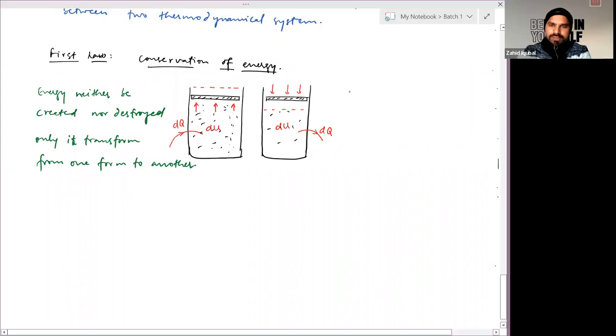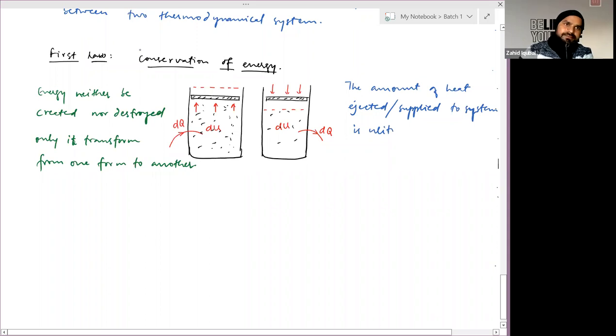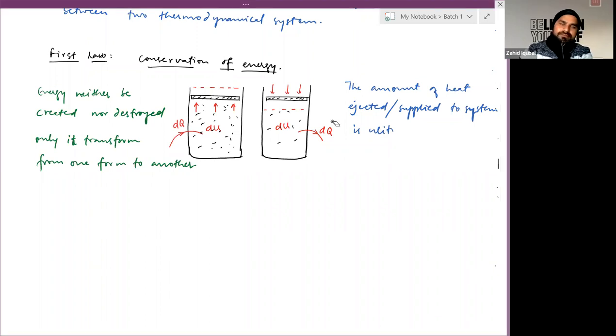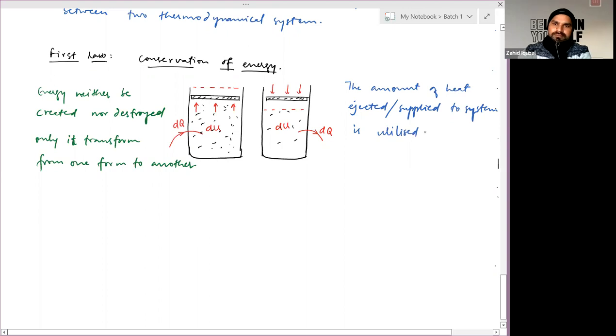So you may define, according to this concept, that the amount of heat ejected or supplied to the system is utilized in changing internal energy as well as doing work.